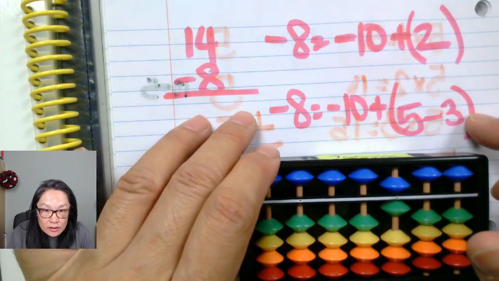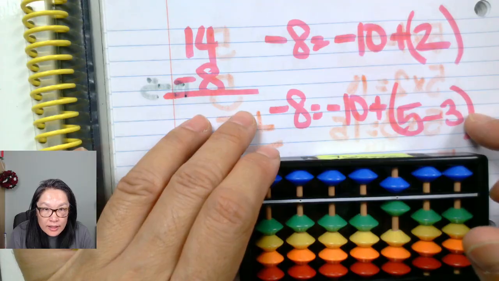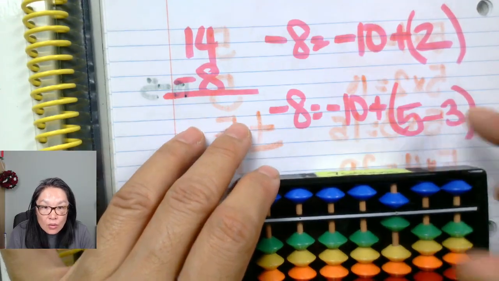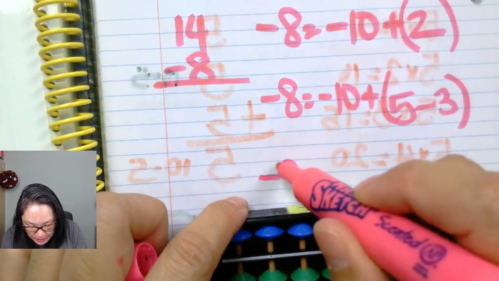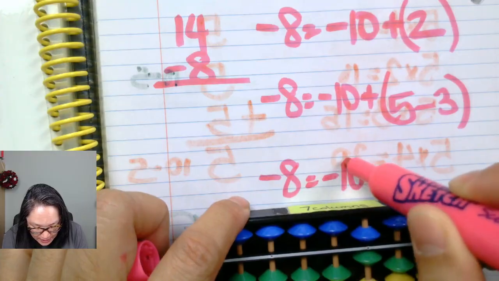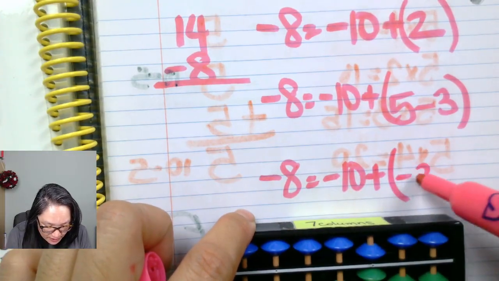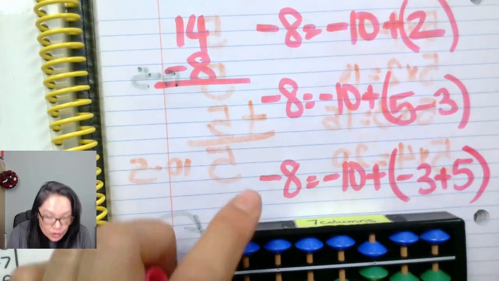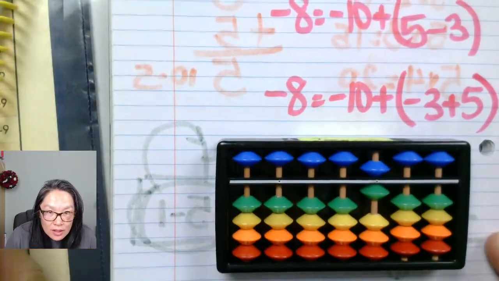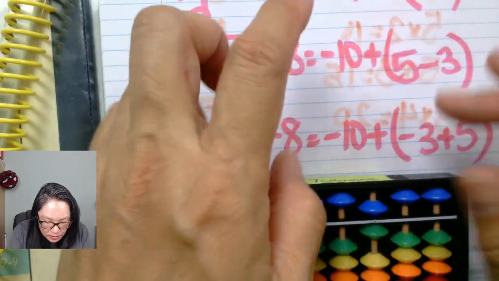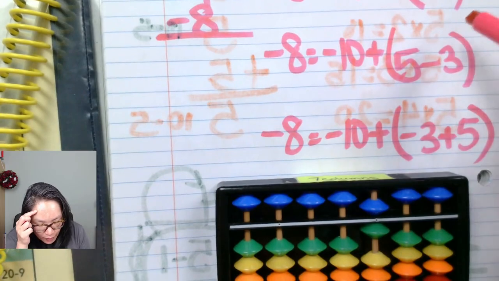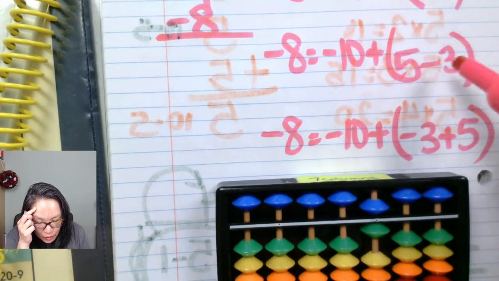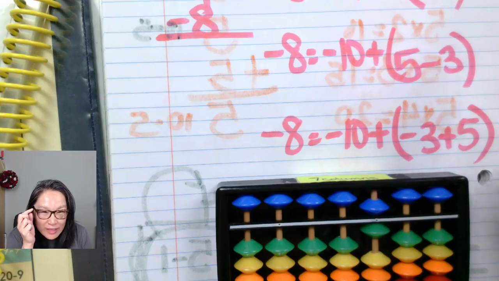What am I doing here? I had a thought. Oh, I got it. It was supposed to be, you could do it this way. 8 is equal to minus the 10 plus minus 3 plus 5. You could do that too. But you cannot do it here. Associative property is kind of tricky because we don't use it in the associative property sense.